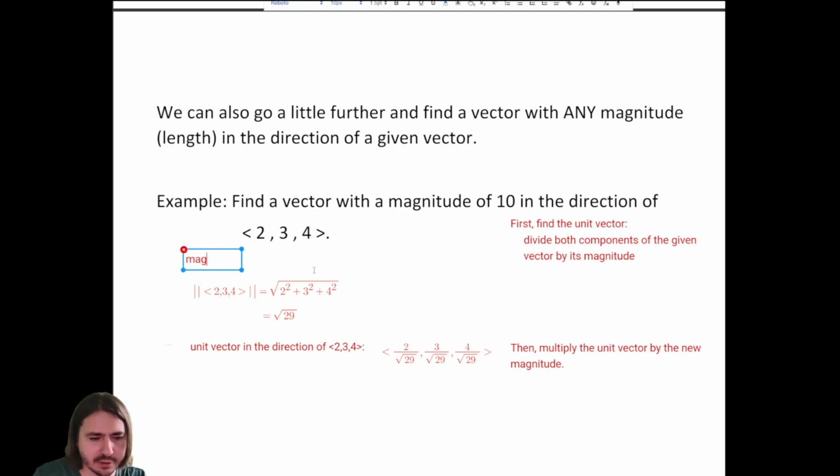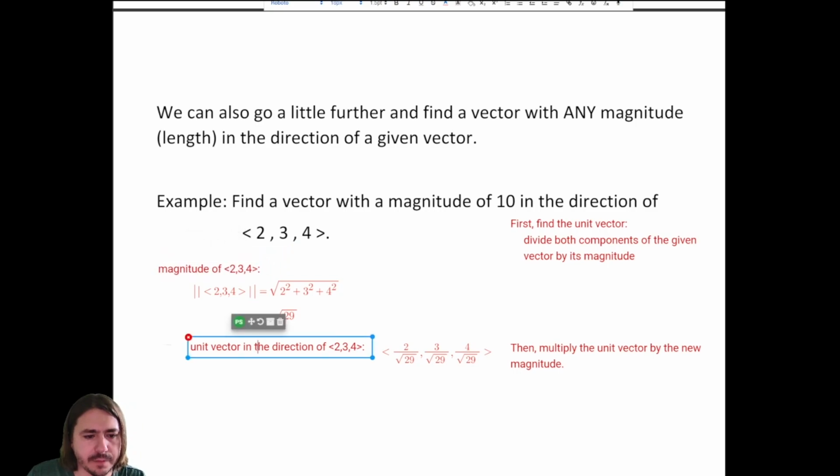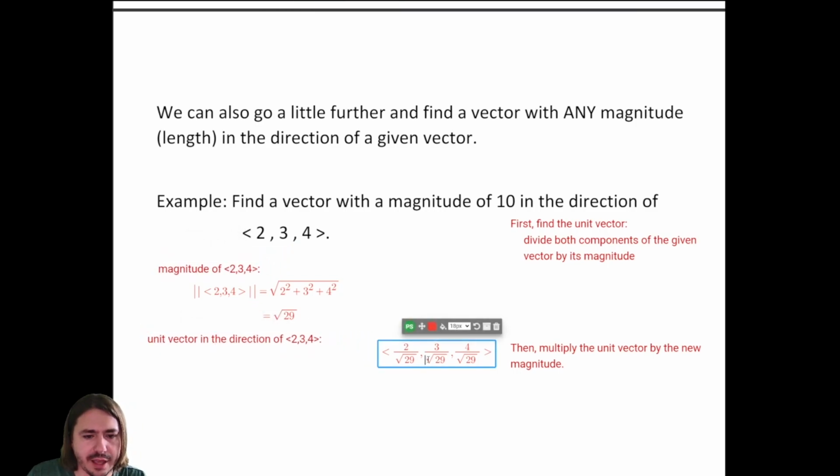I'll just label this. So here's the magnitude. Okay, so we found the magnitude of the vector, and we use that to find a unit vector.